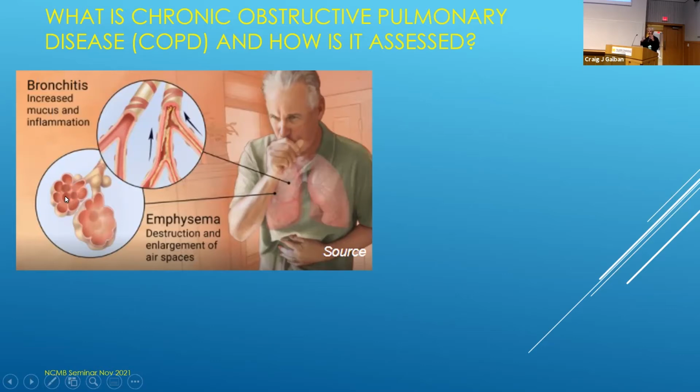They look like little grapes. This is where all the gas exchange is happening. And ultimately, as the immune cell is activated, it begins tearing down these walls, and you begin to get what's called alveolar enlargement or airspace enlargement. But not only is the alveolar tissue beginning to break down, the interstitium is also beginning to break down. So you're losing a lot of the elasticity.